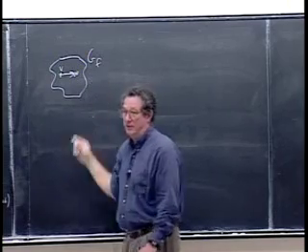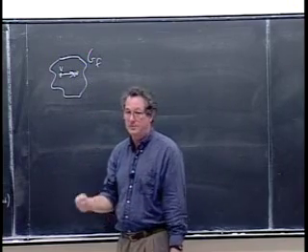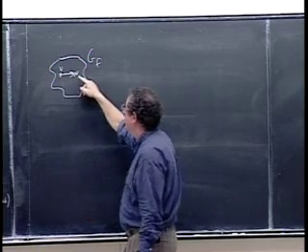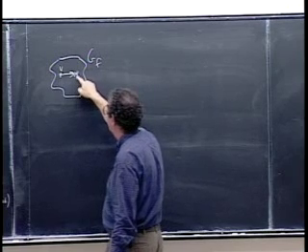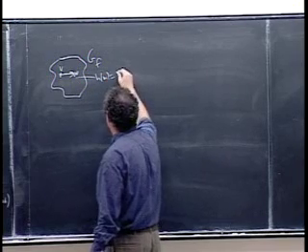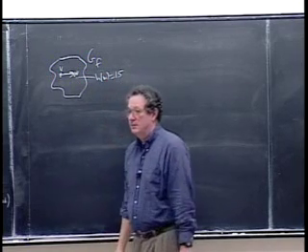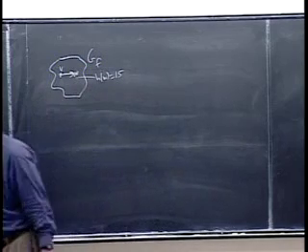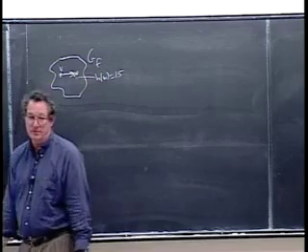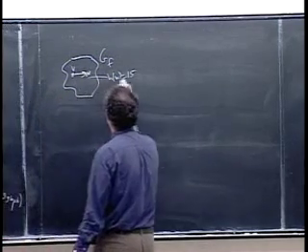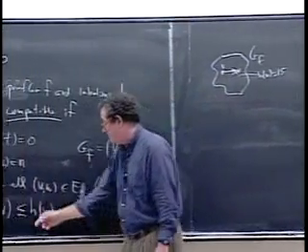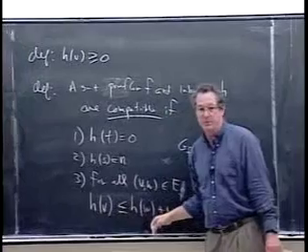So F is a preflow now, but you can still define a residual graph with respect to F. If this is an edge in the residual graph, then if, let me just say the height H of W is equal to, let's say, 15, then what this requirement says is that H of V has got to be less than or equal to 16. Okay? It could be strictly less than 15, but anyway, it can't be bigger than 16. H of V less than or equal to H of W plus 1.